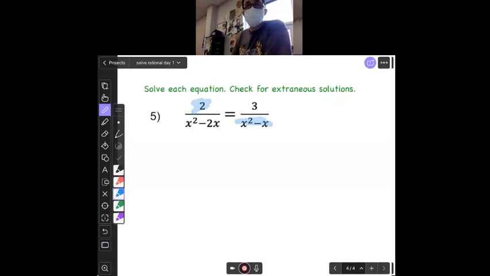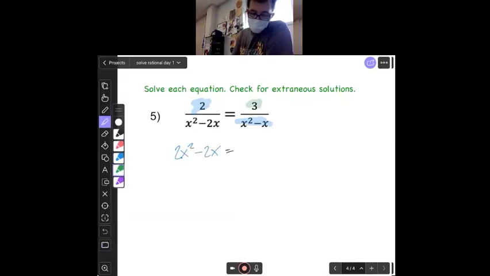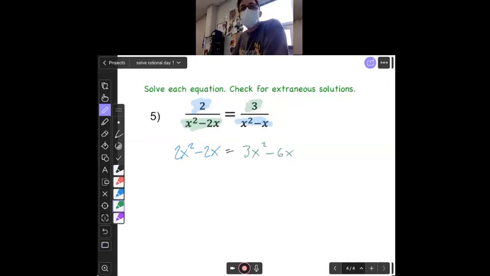So top left times bottom right would give us 2x squared minus 2x. Top right times bottom left will give us 3x squared minus 6x. Super easy thing to do is miss your distributions.